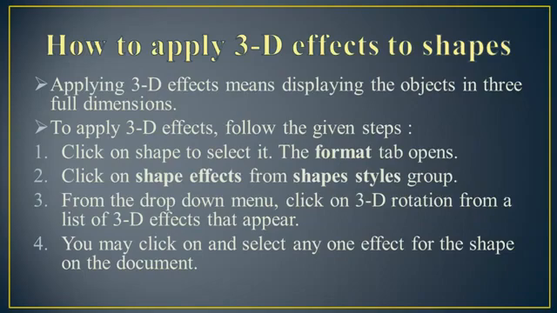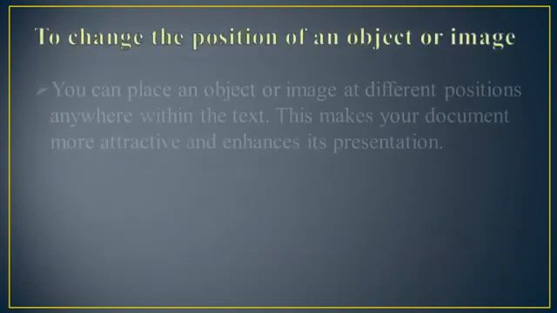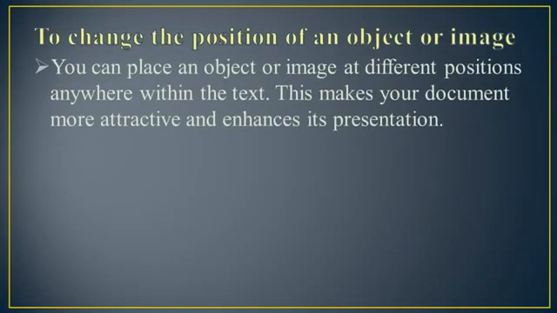Okay students, move to next one, how to change the position of an object or image. You can place an object or image at different positions anywhere within the text. This makes your document more attractive and enhances its presentation.